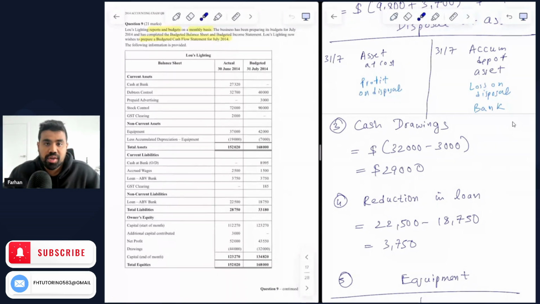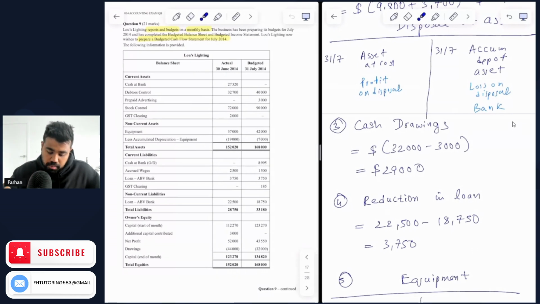And this cash drawings represents a reduction in owner's equity, which is directly relevant to the financing activity of the cash flow statement. Therefore, when you prepare the financing activities section, you will show cash drawings of $29,000 as a negative number, which refers to an outflow.